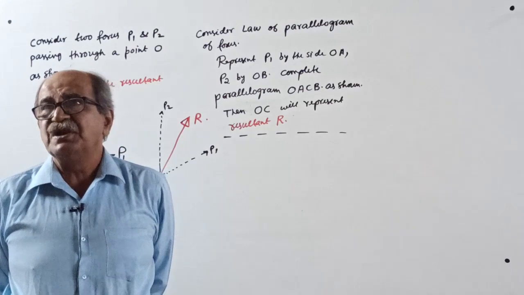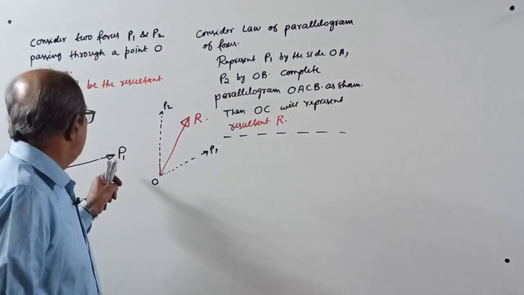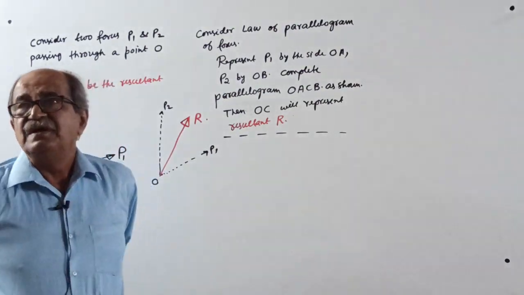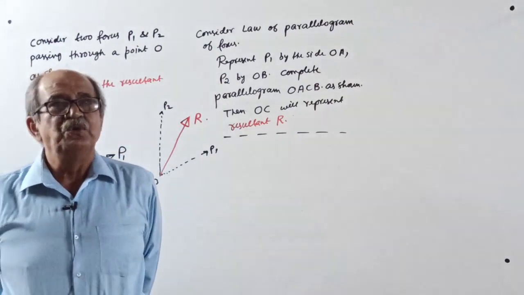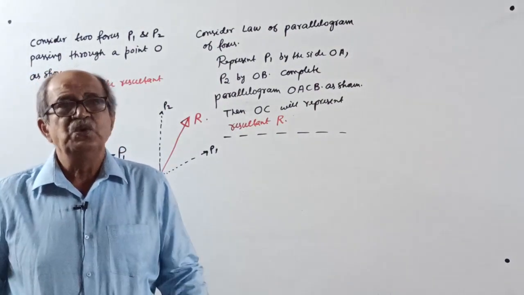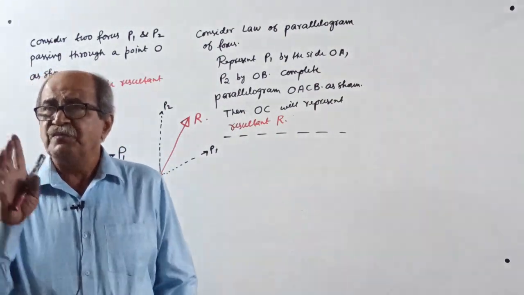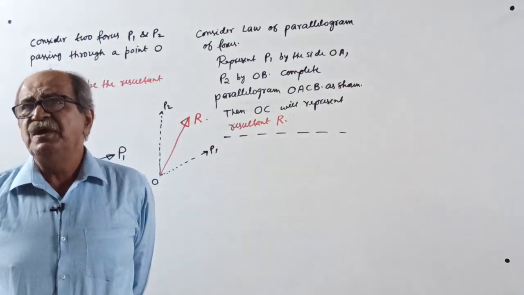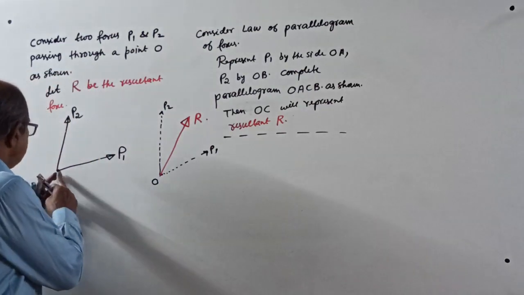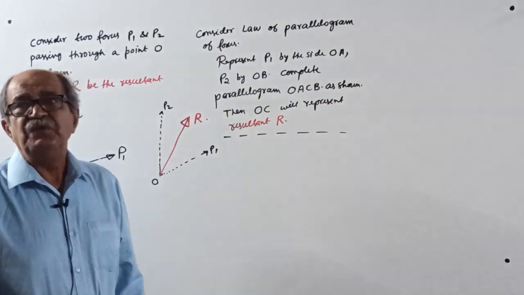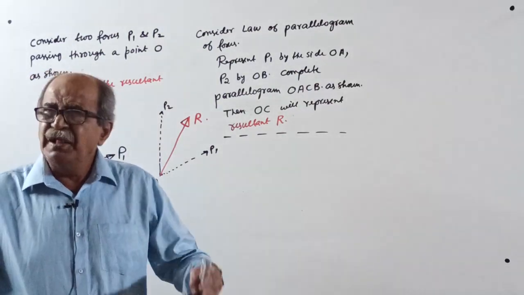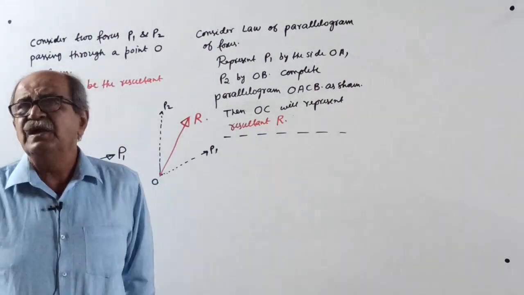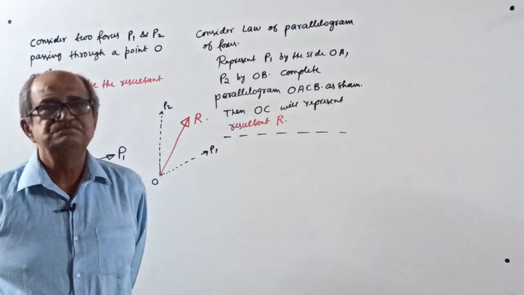The first question there is this only. I told you at that time, for Varignon's theorem, it is the same theory here also. For proving Varignon's theorem, we consider two concurrent forces, but we applied it for any number of forces, not only concurrent but coplanar and parallel.